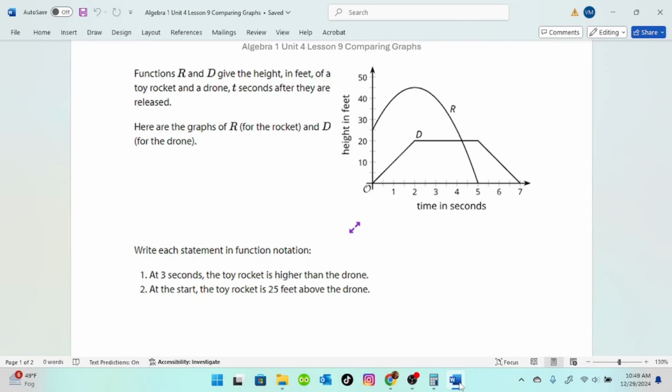So number 1, at 3 seconds, the toy rocket is higher than the drone. So what we know here is that 3 seconds will be the inputs.